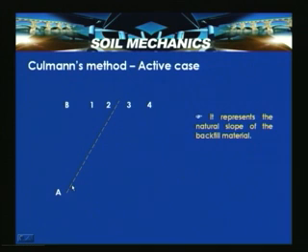Now, having looked into Coulomb's earth pressure, there are also graphical methods for arriving at earth pressure. Many graphical methods are there, but the famous one is Coulomb's method. The Coulomb's method involves representing the wall dimensions to a scale on a graph paper, on a millimeter graph paper.